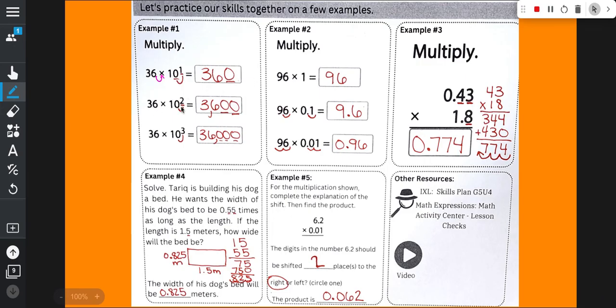The next one, the exponent tells us we're moving it 2 spots, or in this case, we can just add 2 zeros after it. And then the last one, it's to the 3rd power, so we can add 3 zeros after it. When we're multiplying by the power of 1, that is our identity property, so it stays 96.